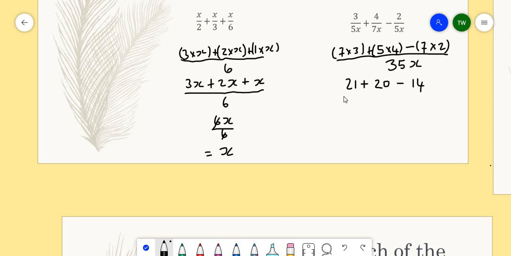And all of this should be over our denominator of 35x, sorry. So now we can combine our numerator to give one term. So 20 minus 14, that's going to leave us with positive 6. And positive 6 plus 21, that's going to give us 27. So our final answer is going to be 27 over 35x.